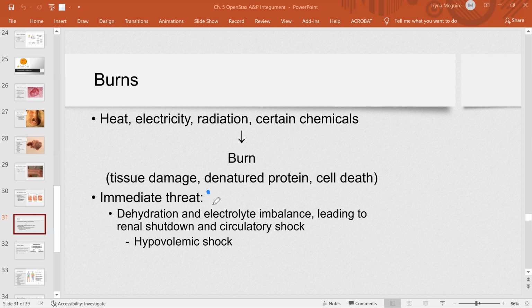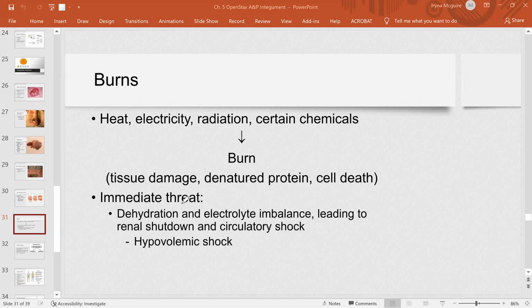Interesting that the immediate threat from a burn is actually dehydration. Because if you remember, one of the very important functions of your skin is to be a barrier, and it prevents water from leaving your body, right? So you do not lose too much fluid from your body, and when you do, it's called dehydration.